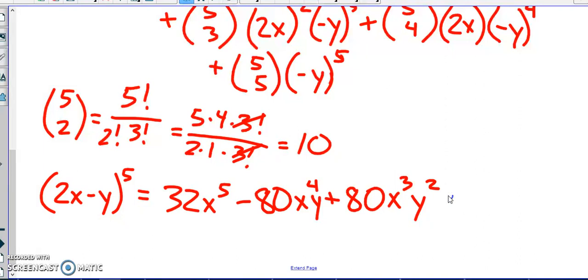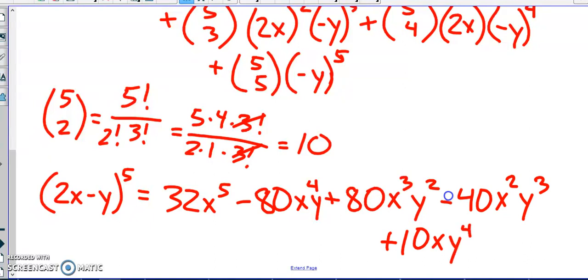So anyway, the second to last term, you've got 5 choose 3, which is 10, times 2x quantity squared, which would be 40x squared, times negative y to the third. So this would be minus 40x squared y cubed. Then you've got plus 10x y to the fourth. And then 5 choose 5 times negative y to the fifth would be minus 1 y to the fifth.